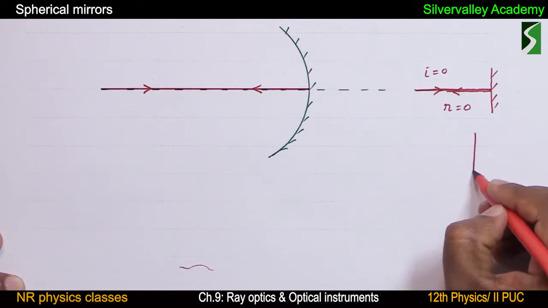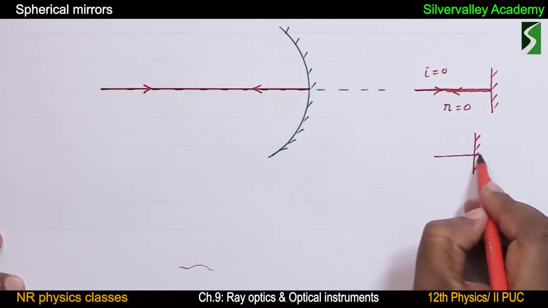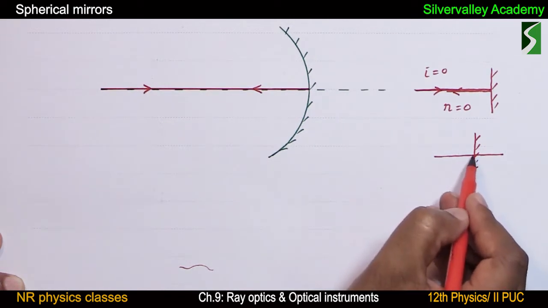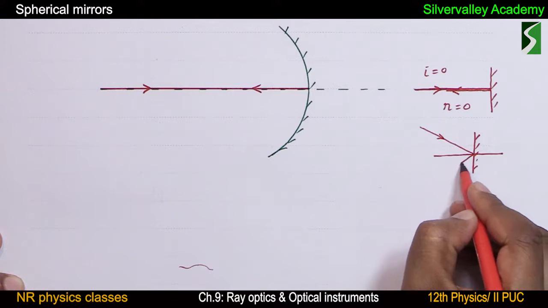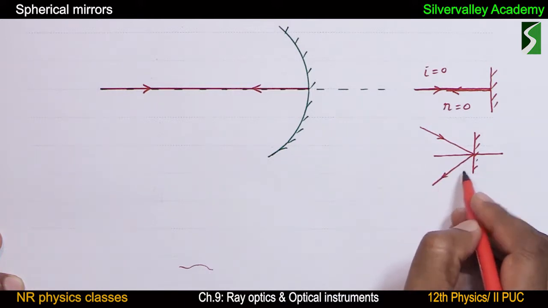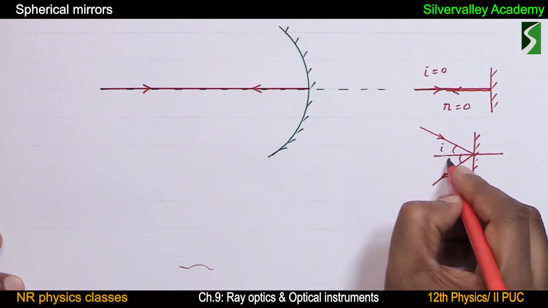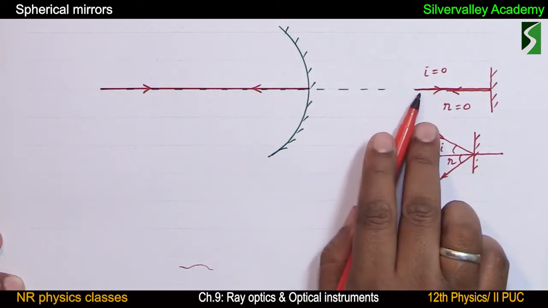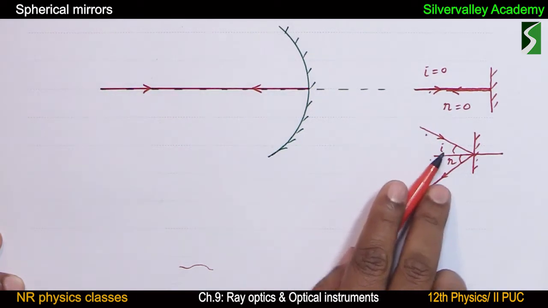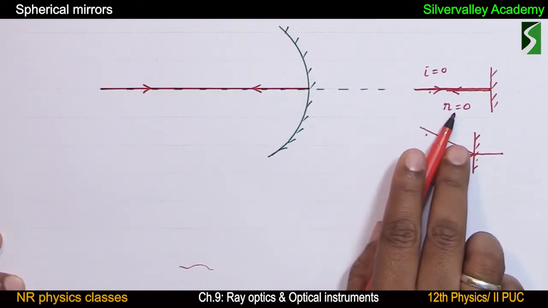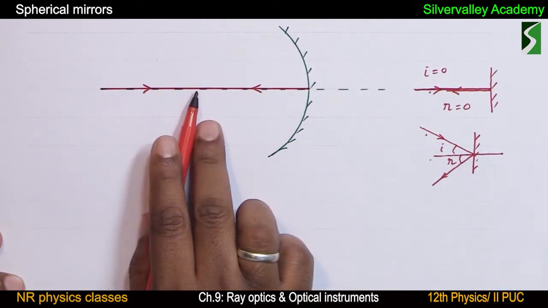If this is a plane mirror, a normal drawn at the point of incidence, this is the incident ray, then this should be the reflected ray. Thereby this angle equal to this angle. Angle of incidence equal to angle of reflection. But if the incident ray is along the normal, then the angle of incidence becomes 0. Therefore the angle of reflection is also equal to 0. So that is this ray.